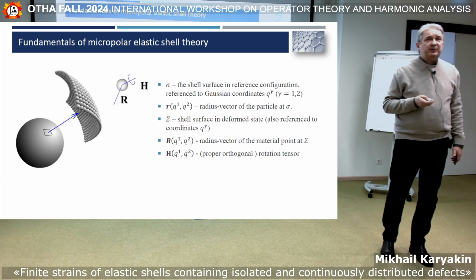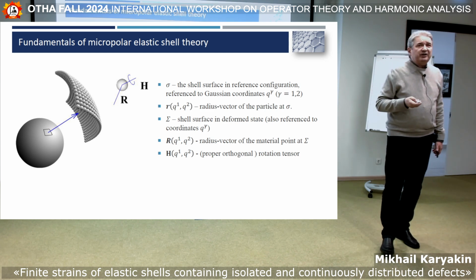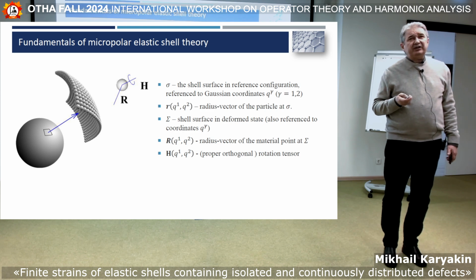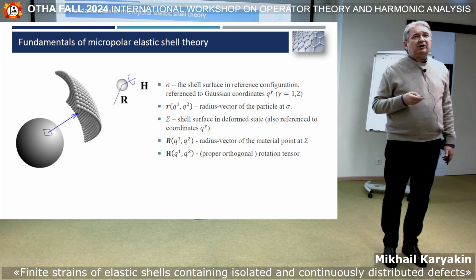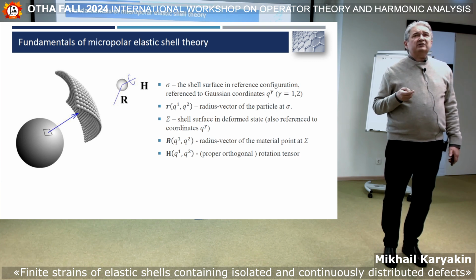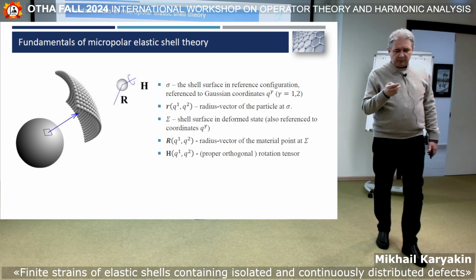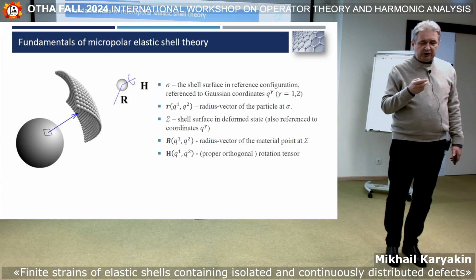Some notation is presented here. Sigma is the shell surface, small r is the radius vector of a particle in the non-deformed state of our shell. Capital Sigma is the deformed shell. Capital R and capital H are the characteristics of our point of the shell.